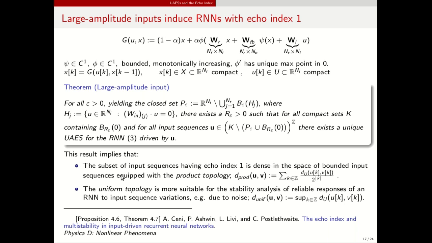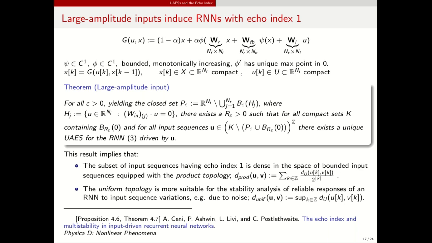That is the topology induced by, for example, this metric here. And that's because the product topology allows arbitrarily large variations of the input in the far past or far future.